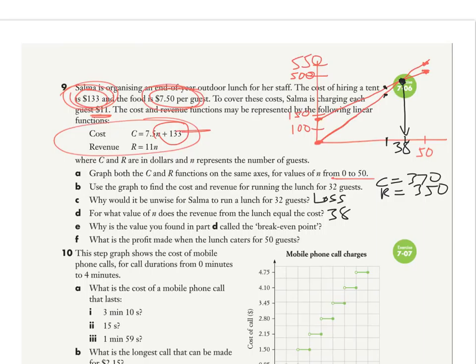Because the cost equals revenue, and anything more than that gets you profit. So what is the profit for 50 guests? So as we said before, it's 550. The revenue is 550. The cost is 508. So therefore the profit is $42.